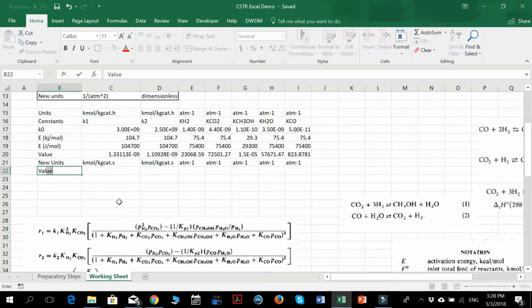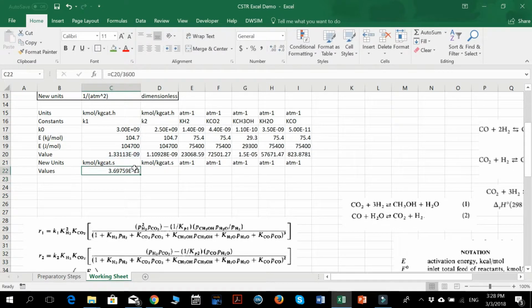So let's put our values in here. If I do this much activity per hour, how much activity will I have per second? I will just take this value, divide by 3600.